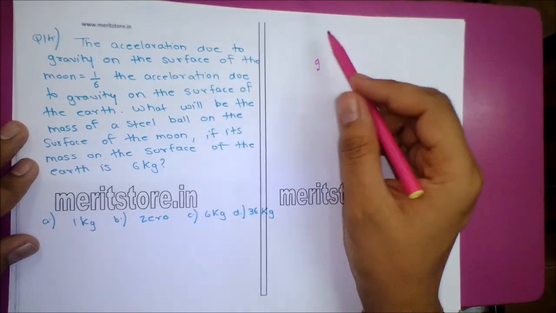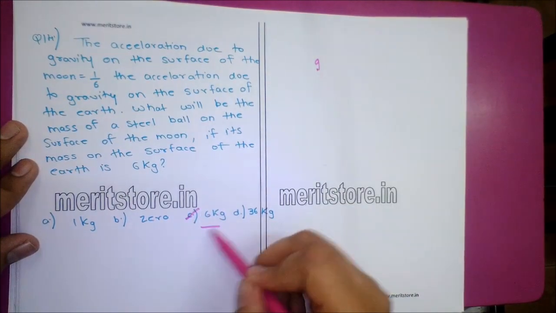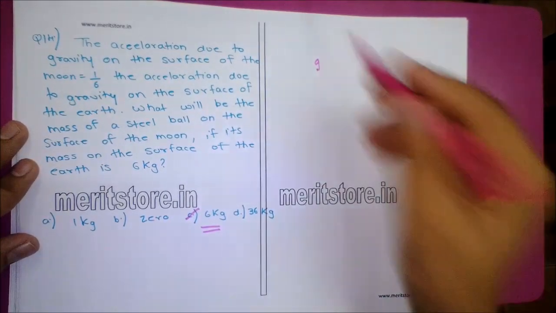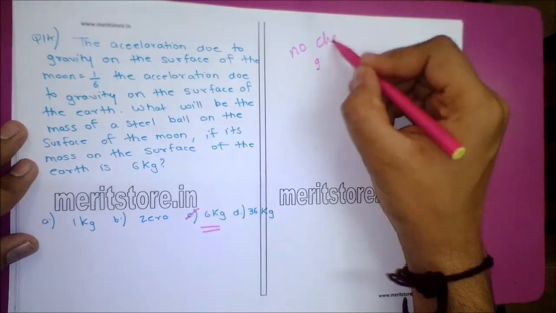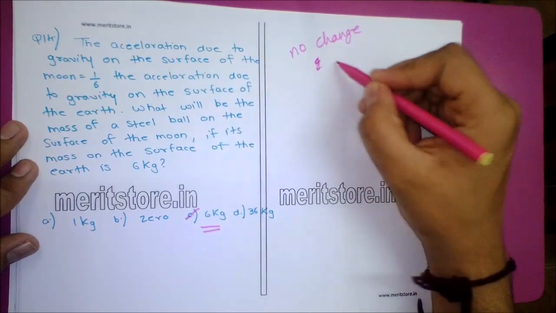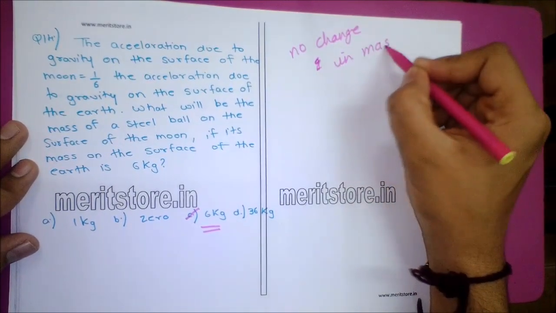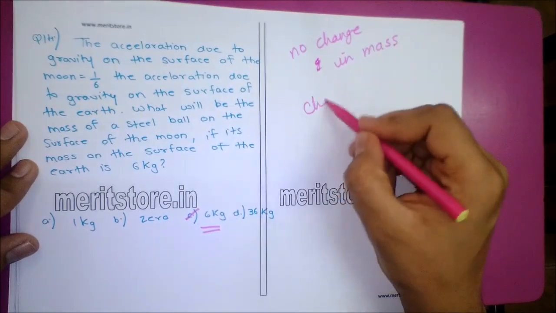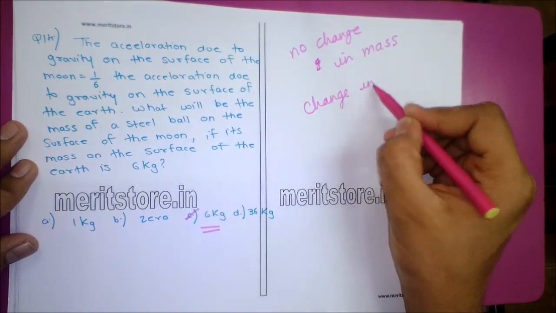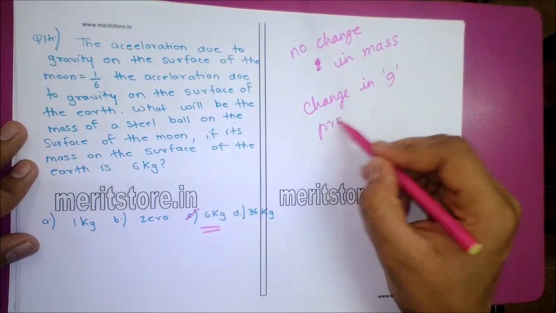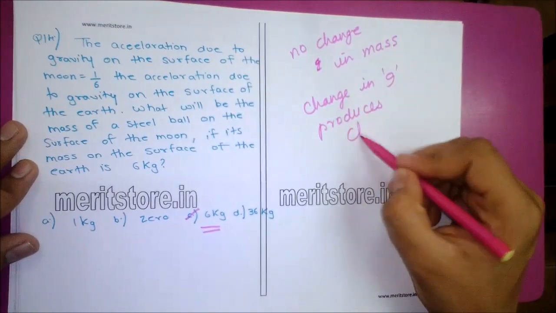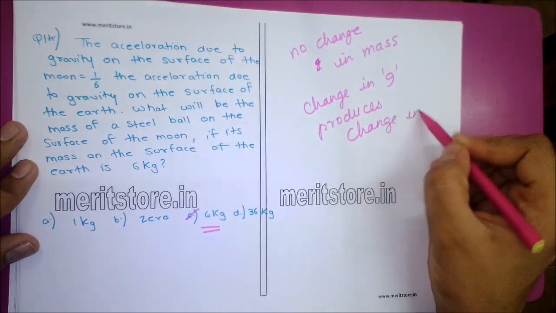So there is no change in the mass. So option C, 6 kg is the correct answer. No change in mass. Change in g produces change in weight.